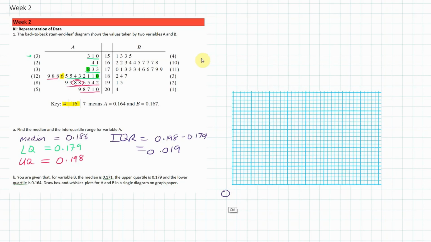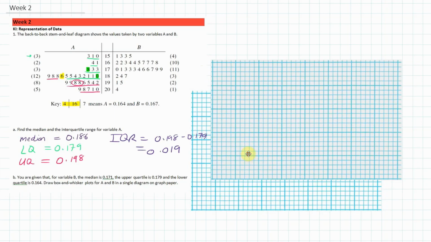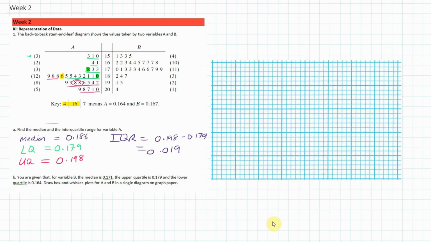Maybe I might make this a bit bigger to make it easier. So 0.15, 0.16, 0.17, 0.18, 0.19, and then 0.2, 0.21.